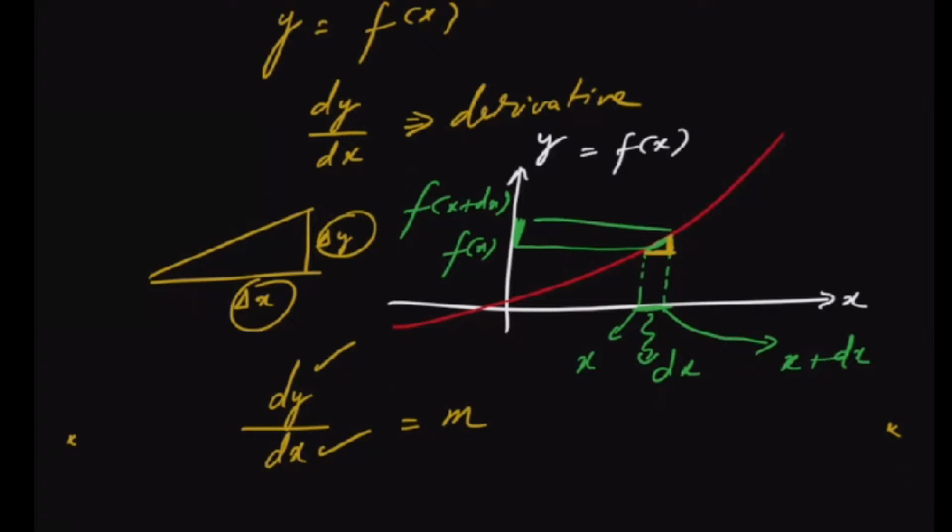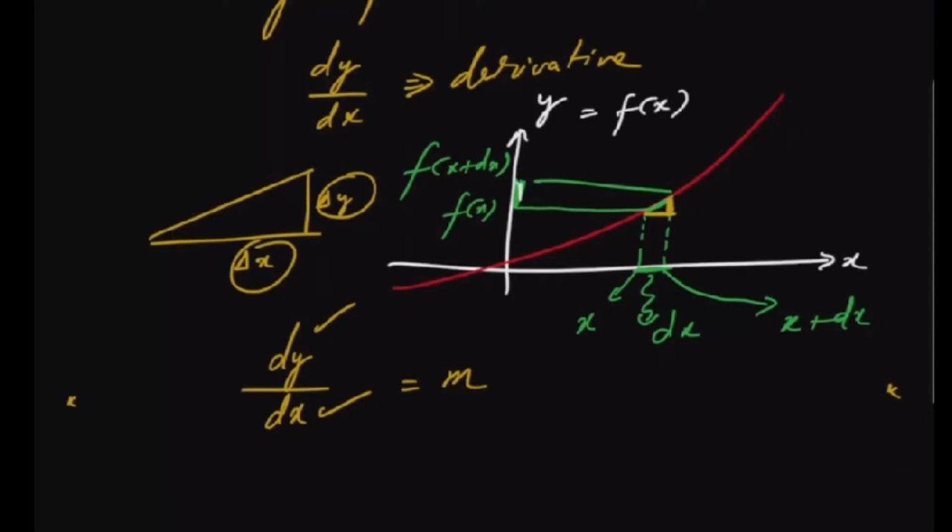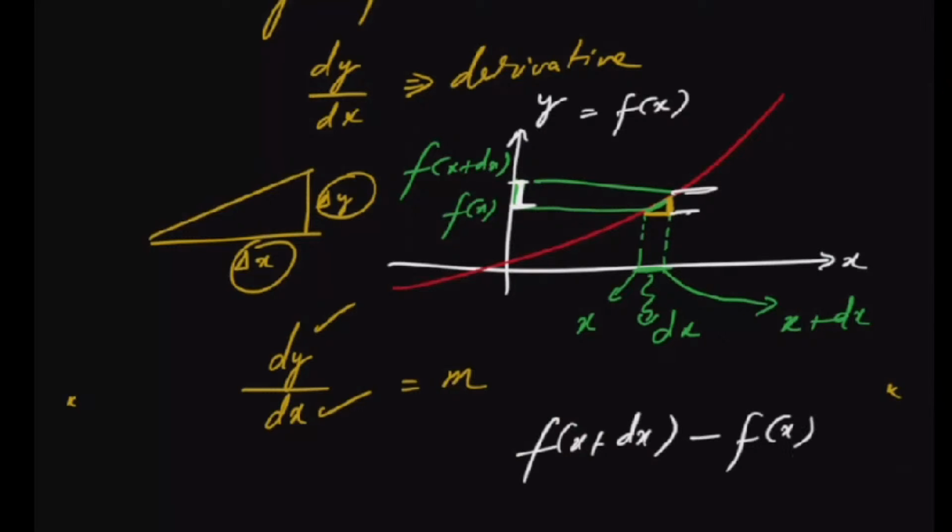Now using this, what did we get? We got this expression. So what was dy here? Dy was this line, right? This length was dy. So dy was f of x plus dx minus f of x, because it's the difference between those two values, divided by dx.